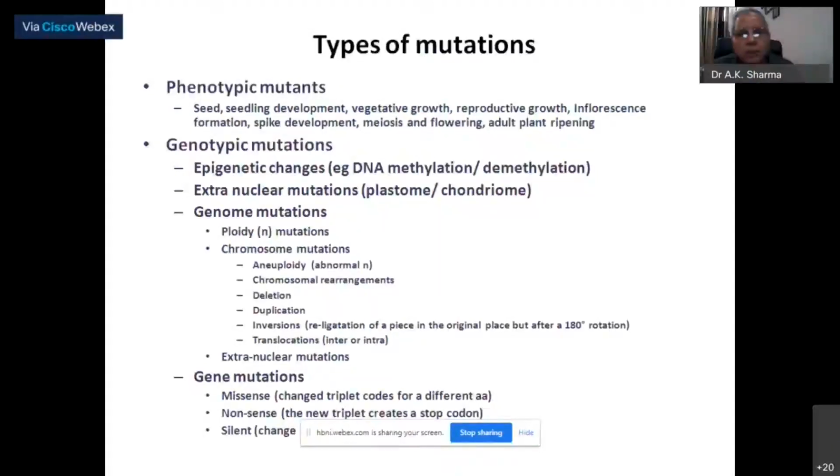Now, what we are looking at in a plant after exposing it to ionizing radiation and having it mutated are phenotypic characters. What are phenotypic characters? For example, seedling development. You know how it is developing.